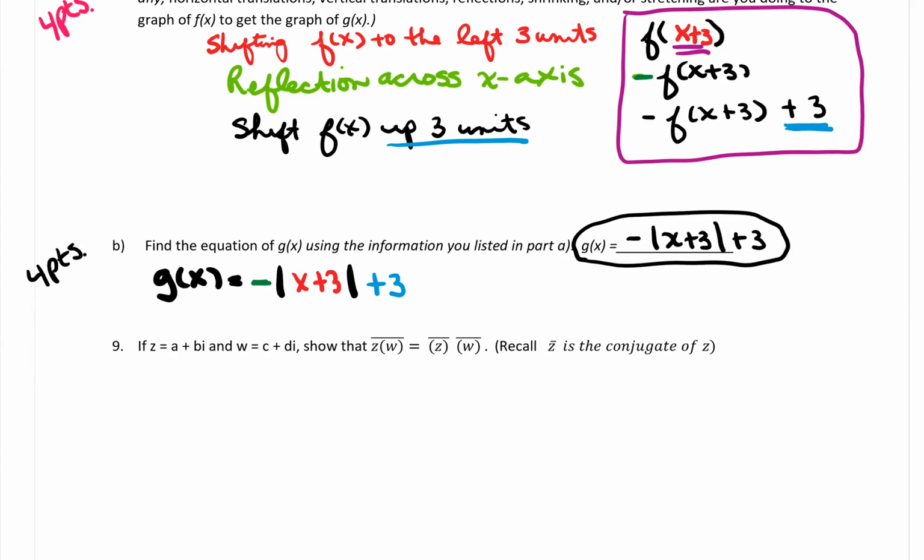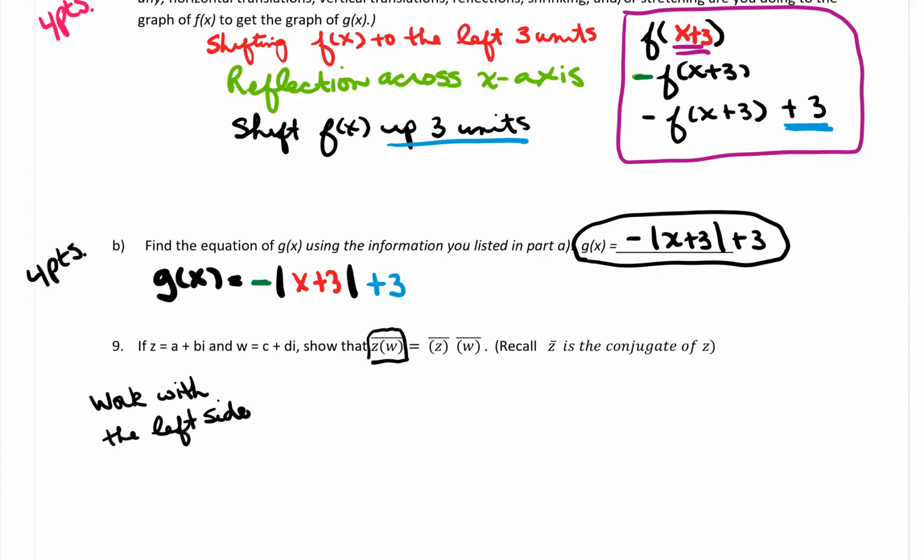And recall that z bar is the conjugate of z. Okay, so let's first look at this left-hand side. So let's work on the left-hand side, and we're going to manipulate this side to look like the right-hand side.